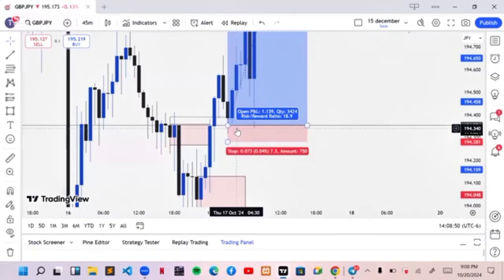I think I have it before. I didn't really catch it early, but let me see if I have the trade here. What I have here is the MT5 structure of it.